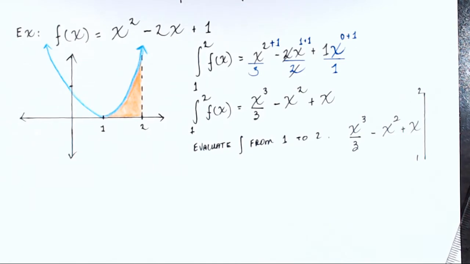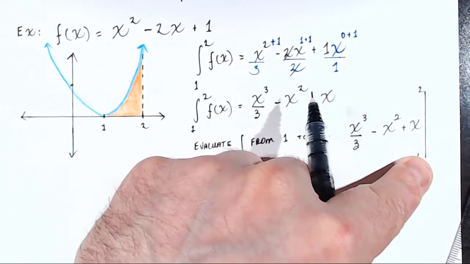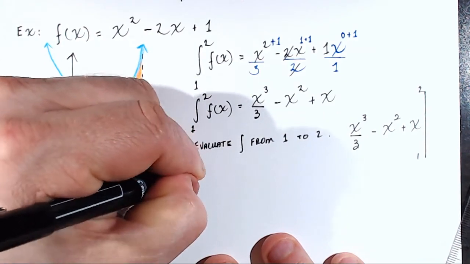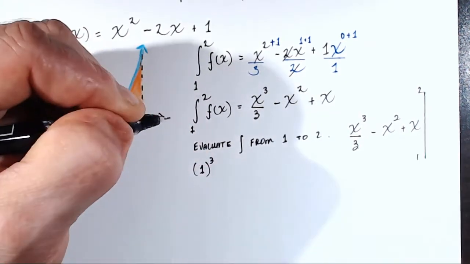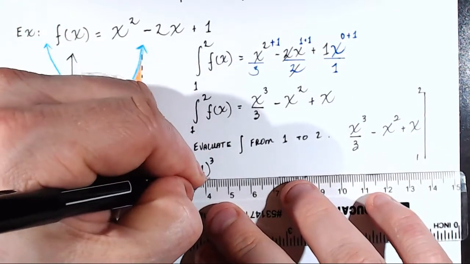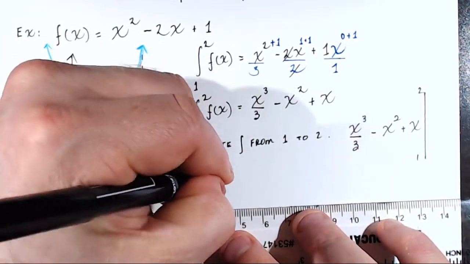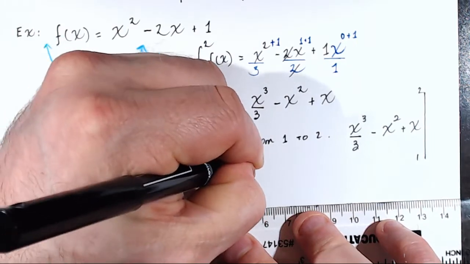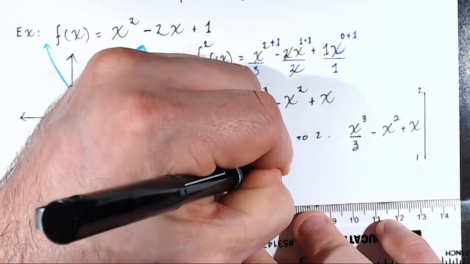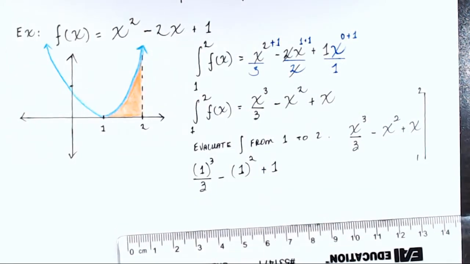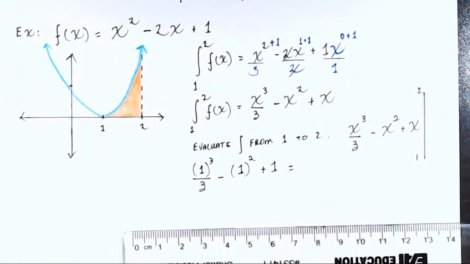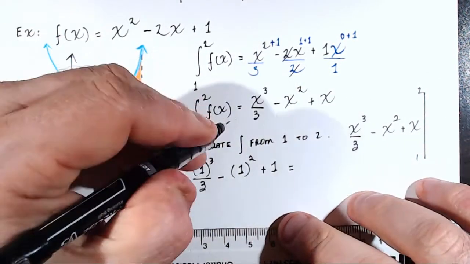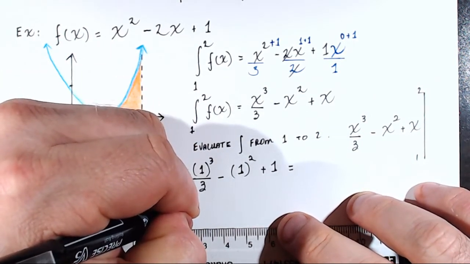And so this is pretty simple. We evaluate it first at 1, so I'll put in 1 cubed over 3 minus, open parentheses, 1 squared plus 1, and that will give me the evaluation of the integral at 1, and then I'll evaluate the integral at 2.